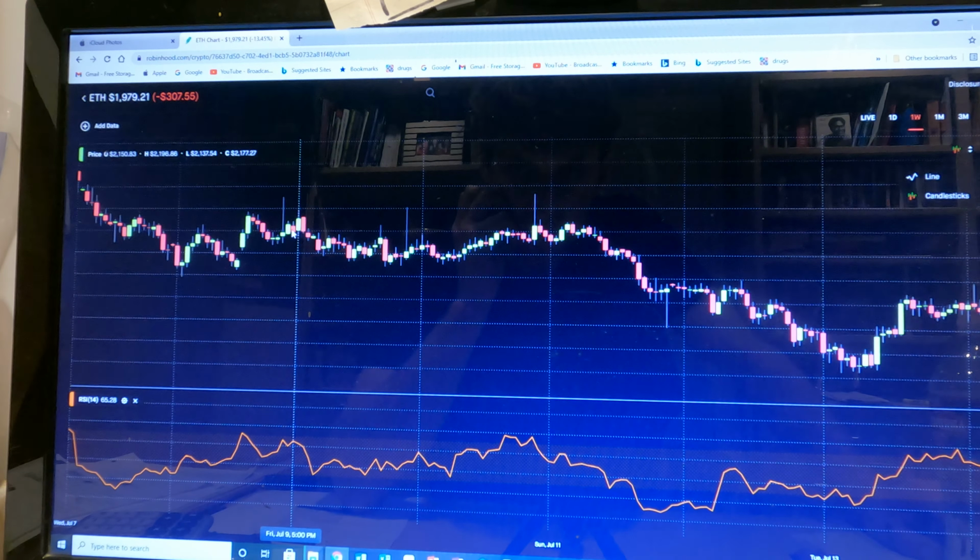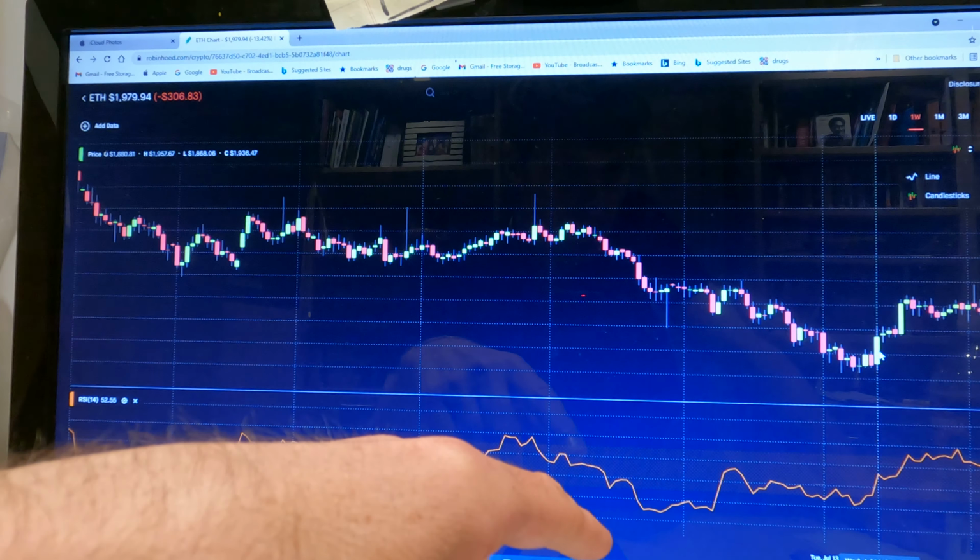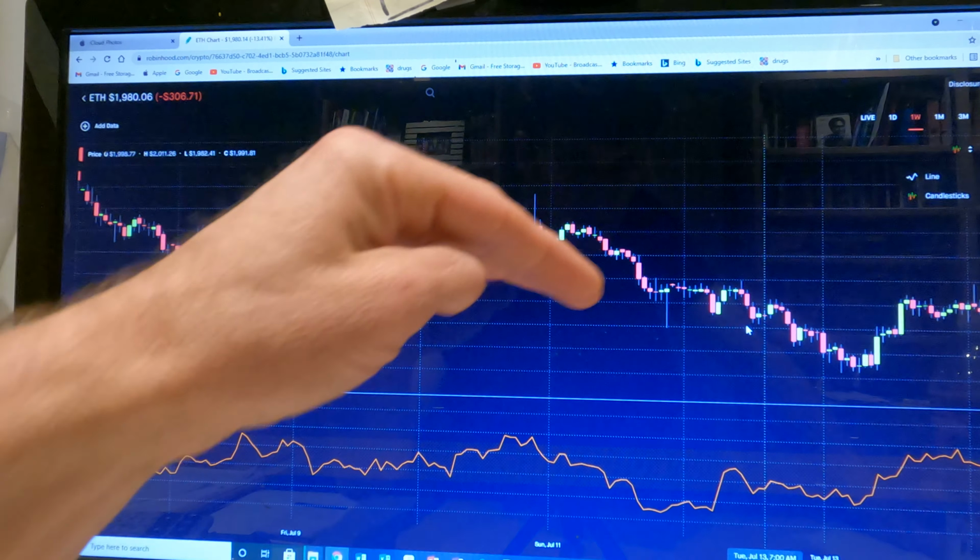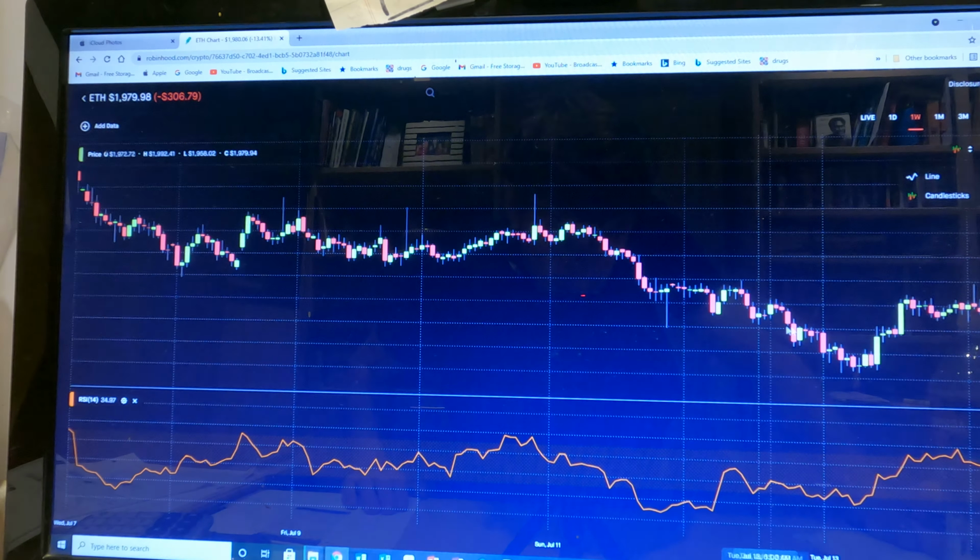But overall, we got it here, and now it's all the way down to the low of 1876, and then it goes up again. So here it goes, and this is its first drop below the 2000 mark.